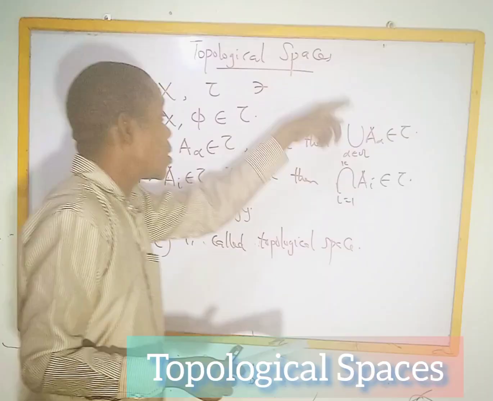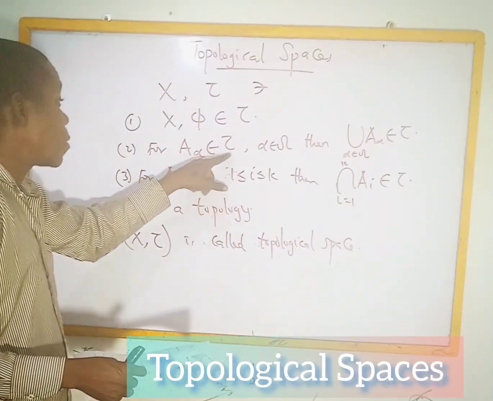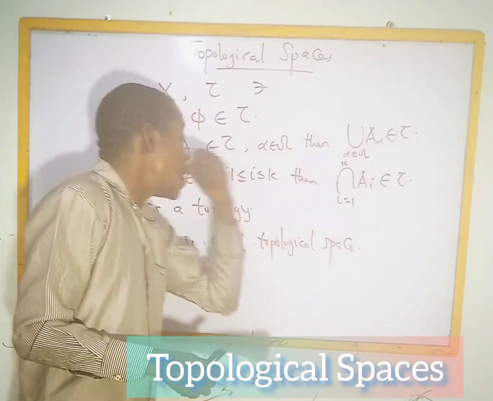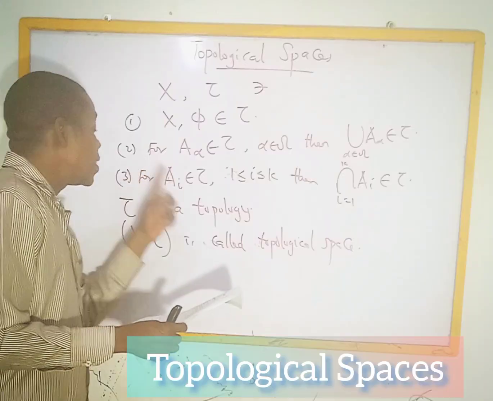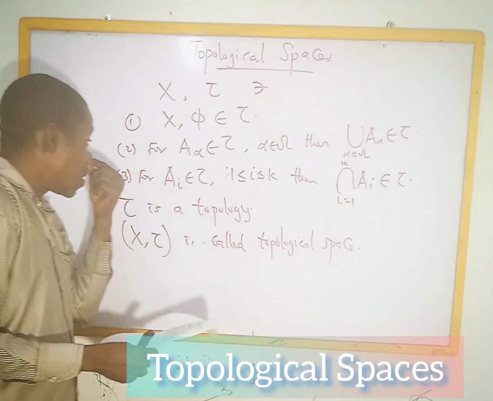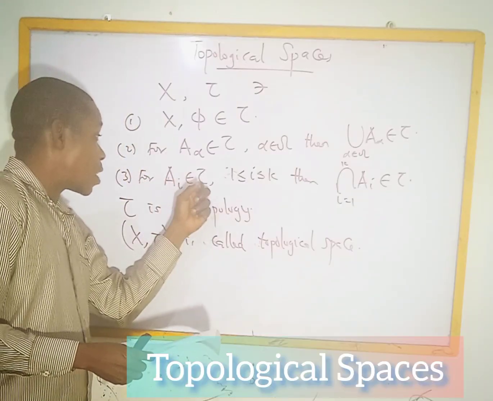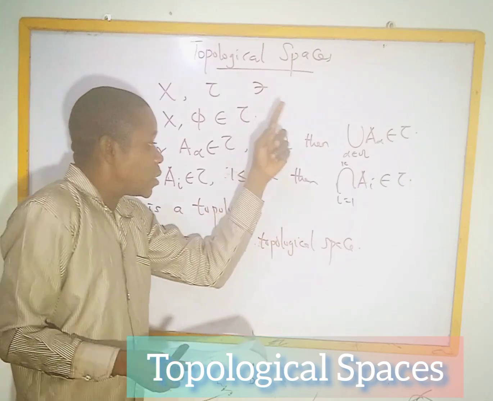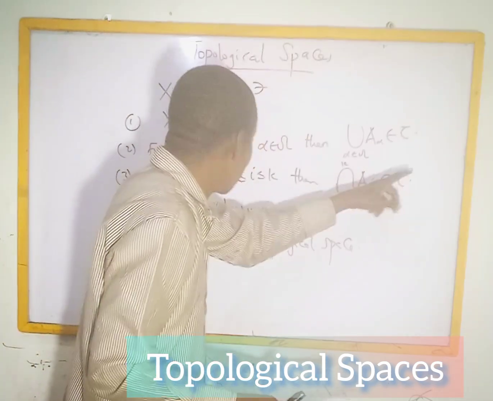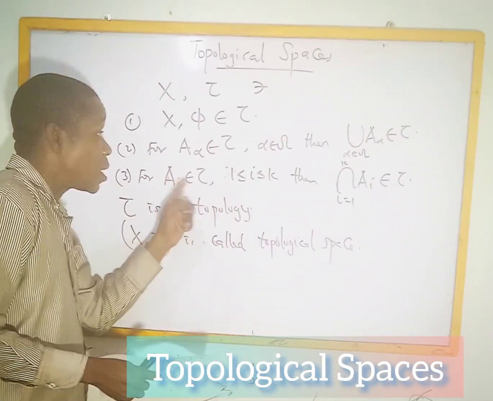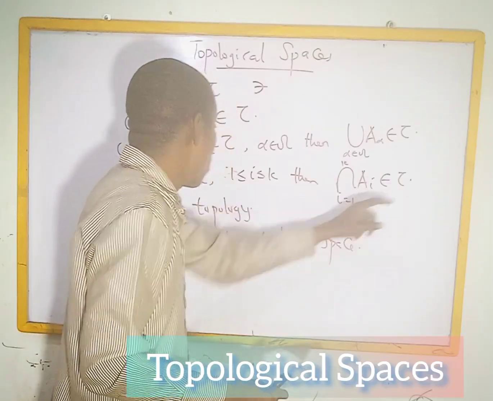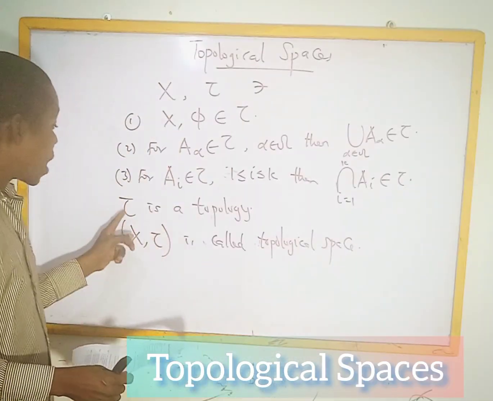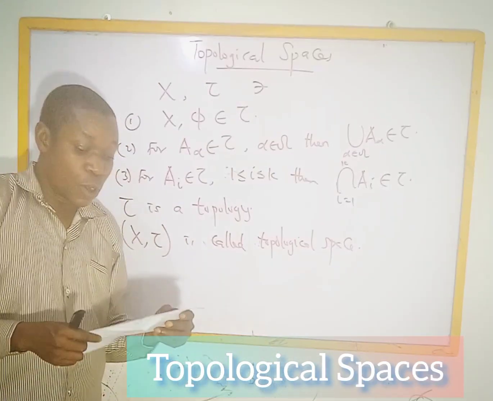Also, the intersection of any finite number of elements in tau is also in tau. Then this tau is called a topology.